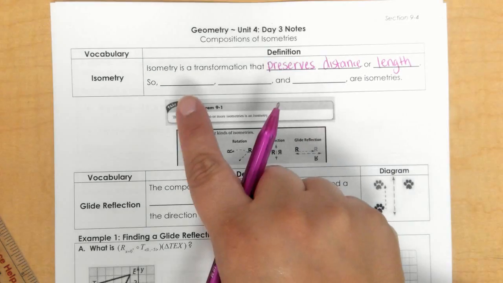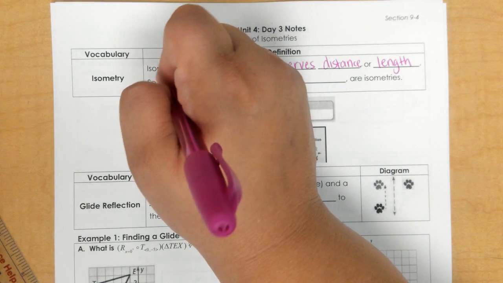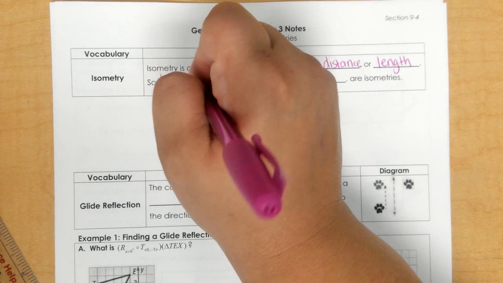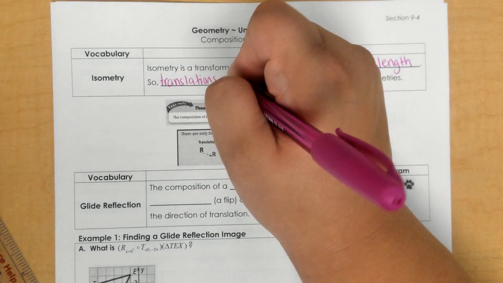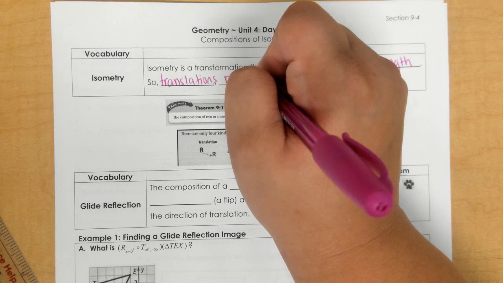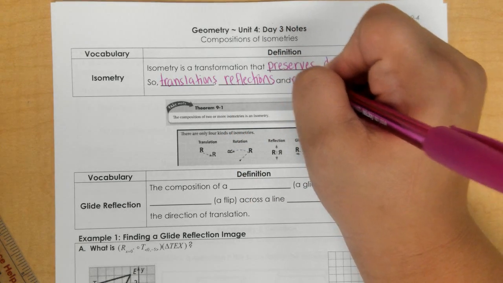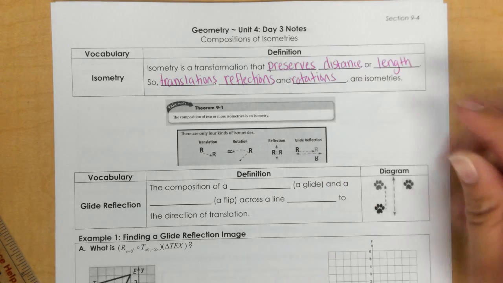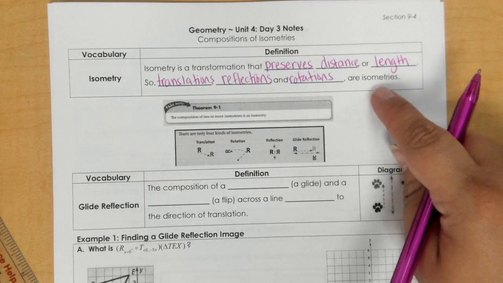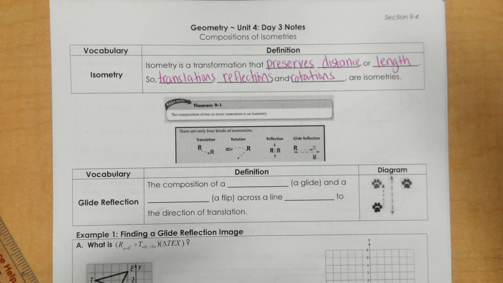So we know that translations, reflections, and rotations are isometries. All of these preserve distance and length. We're just either rotating or reflecting it or sliding it or gliding it around. We're not actually changing the size of that shape or point or figure.